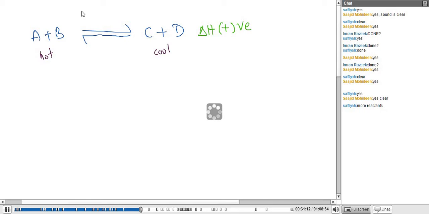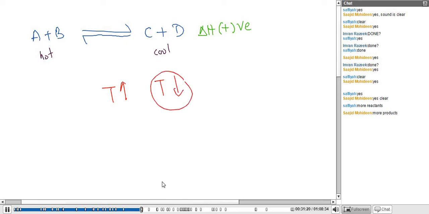If I increase temperature, the system should tend to decrease temperature. That means it should favor the lower temperature side. The products are cooler, lower temperature. It cannot favor the reactants, because when you increase the temperature, if it favors reactants, the temperature will increase even more. A system which is already in equilibrium will not like changes.